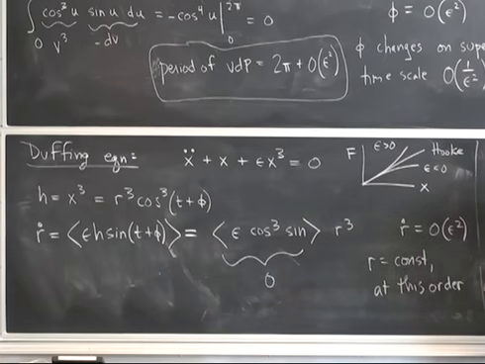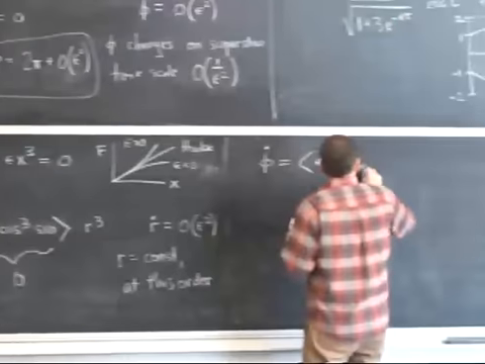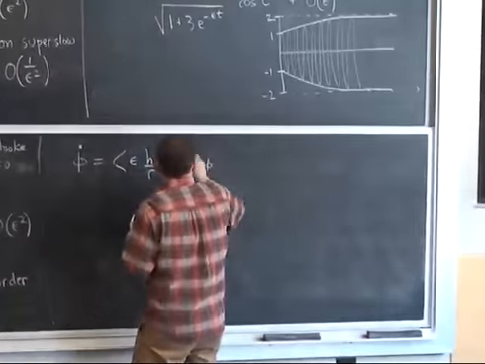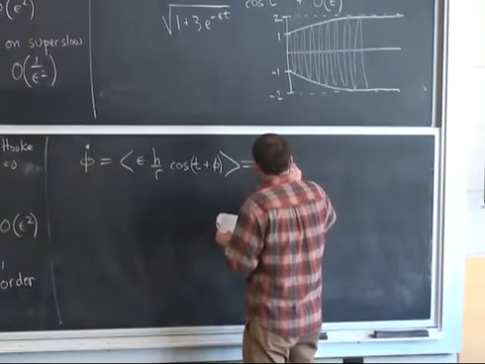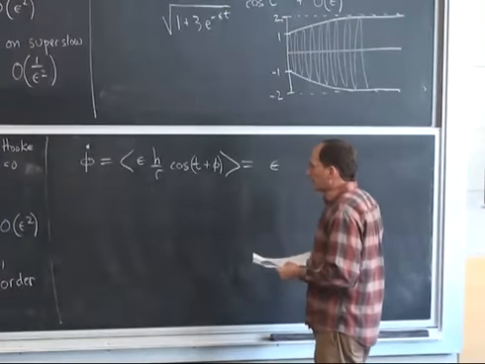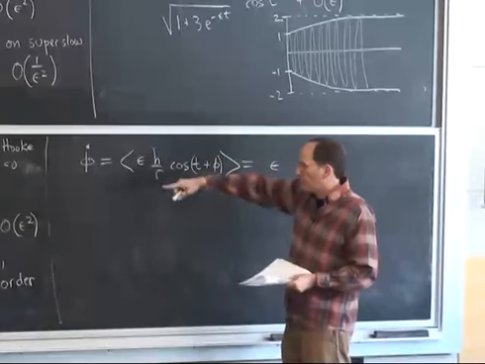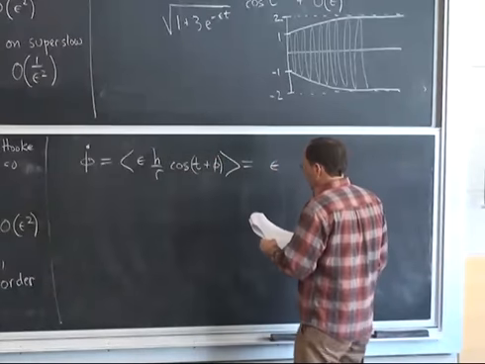If we look at phi dot, well, then we're going to average epsilon h over r cosine of t plus phi, which will give us the average. So the h just involves that r cubed cosine cubed.